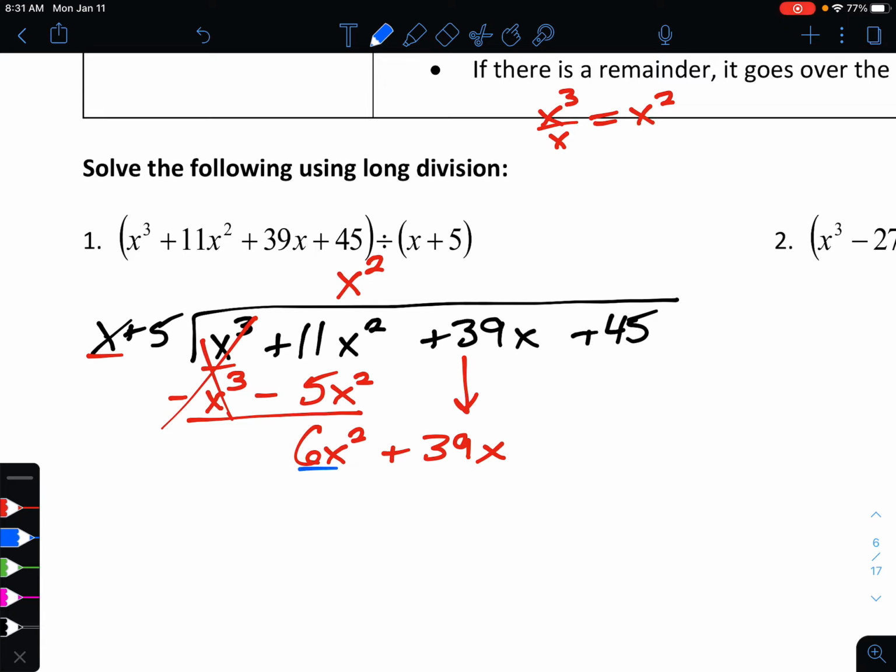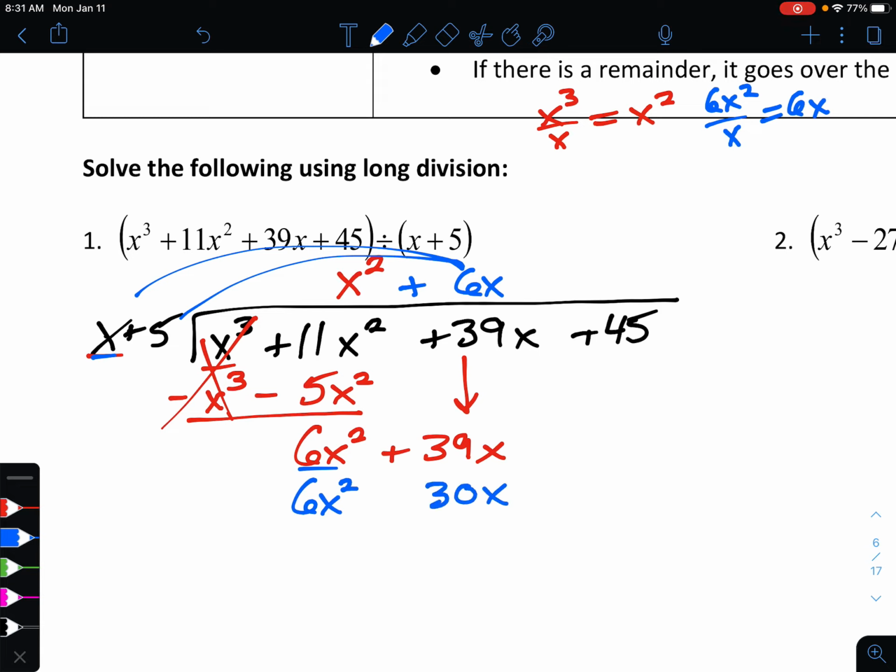This time we're taking 6x squared and dividing it by x. So if we take 6x squared divided by x, that's 6x. We're going to put a positive 6x above our division bar. Now we're going to distribute that to both of our terms over here. So 6x multiplied by x is 6x squared. 6x multiplied by 5 is 30x.